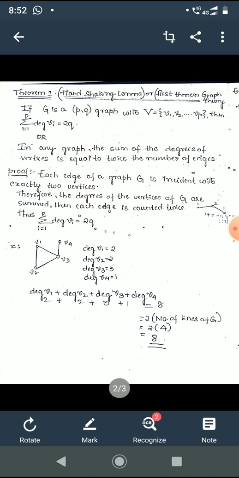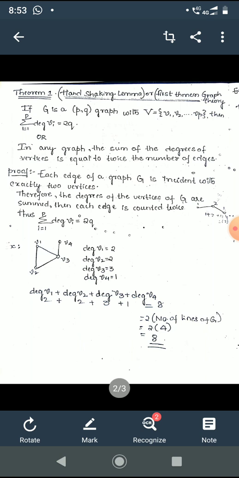The number of edges present in this graph is 4: V1 to V2, V2 to V3, V1 to V3, V3 to V4. Therefore, it contains 4 edges in total, and 2 into 4 is equal to 8, that is, 2 into the number of edges in graph G. So the theorem says that in any graph the sum of the degrees of vertices is equal to twice the number of edges.